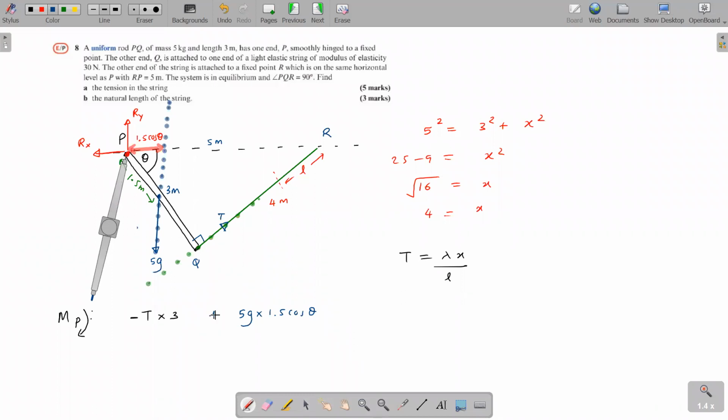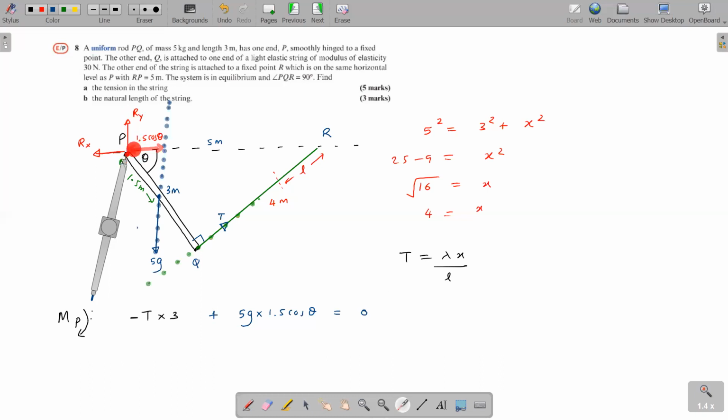It's a positive moment. Now, are there any other forces that give me any moment around the point P? No. Because the system is in equilibrium and there are no other forces giving moments, the sum of moments must be 0, because moment is the turning force. Rx and Ry will not give any moment because you consider moments from point P, and Rx, Ry both pass through point P, so there is no perpendicular distance.